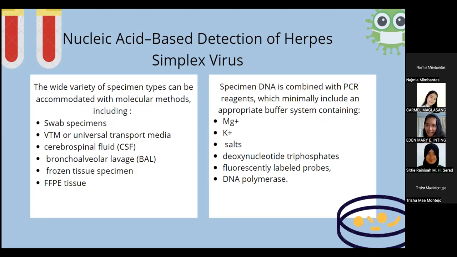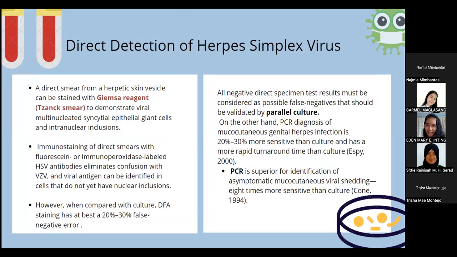And just to add to that, I have read that the samples are placed in a real-time thermal cycler for temperature cycling and fluorescence monitoring. So it could result in multiple rounds of DNA replication.